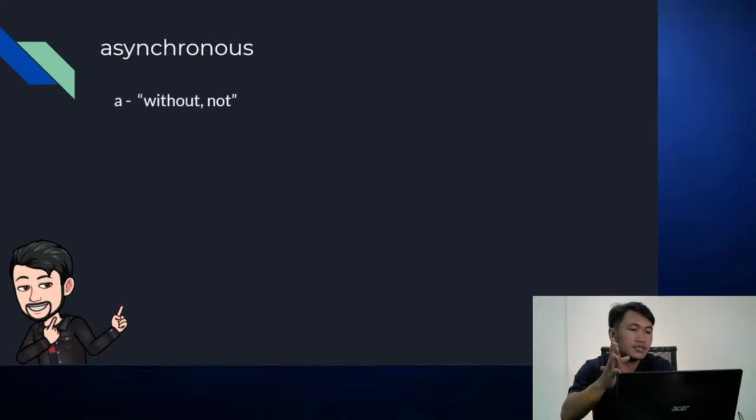So let's look at the definitions. It is very important to look at the definitions that we have. So when we say asynchronous, it has a prefix called a, which means without or not.